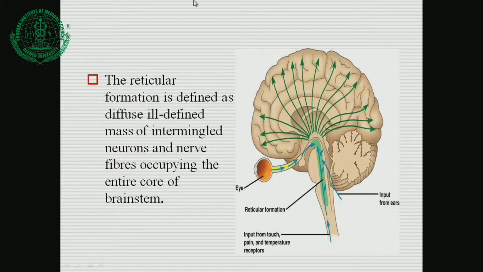So, definition. Reticular formation is defined as a diffuse ill-defined mass of intermingled neurons and nerve fibers occupying the entire core of the brainstem. So this is the brainstem, medulla, pons, midbrain, and the whole core of it is formed by the reticular formation, which is nothing but a diffuse mass of nerve fibers and intermingled neurons.